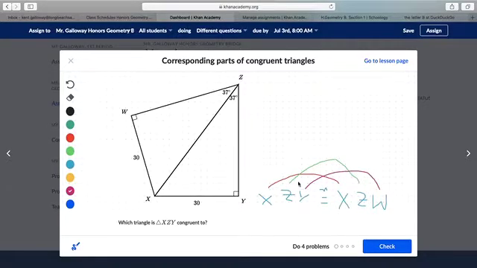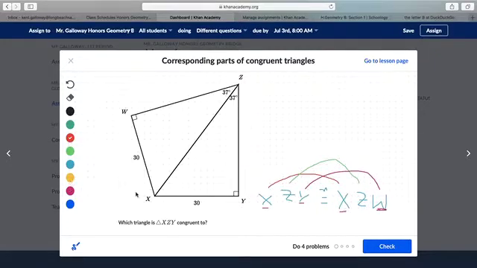It also works for sides. Can you see that WX and XY are congruent? XY needs to be congruent to XW. See how they're both congruent?